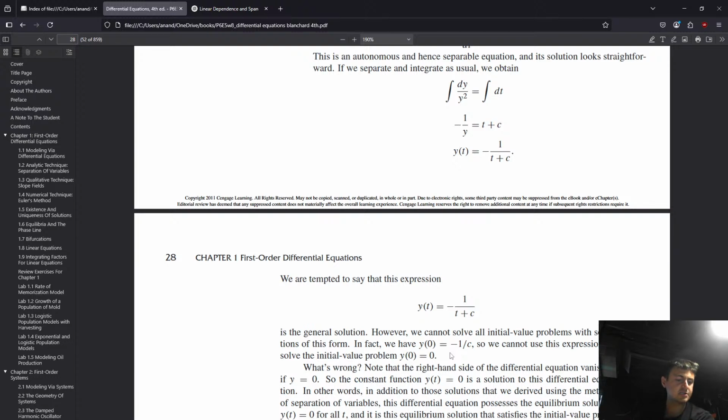I'm actually curious. So if we have, let's just say, minus 1 over t is equal to y of t, then dy dt, so we have minus t to the minus 1. So we should get 1 over t squared.